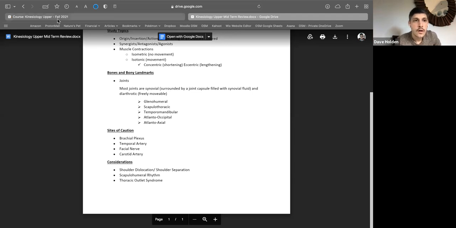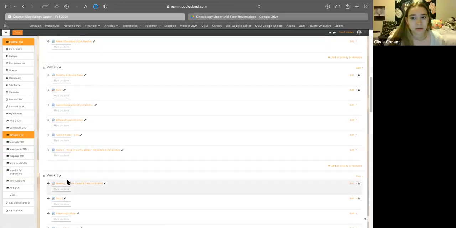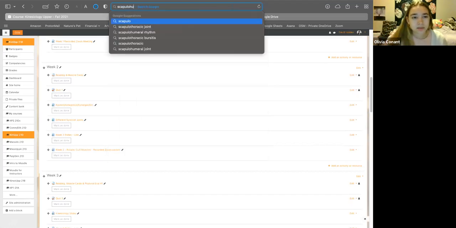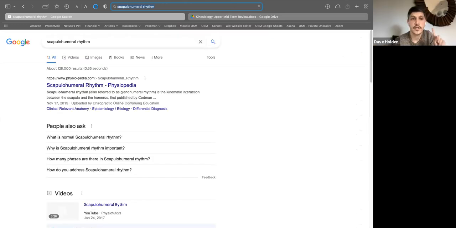So, describing 2 different movements, the movement of the humerus and the movement of the scapula independently. Scapulohumeral rhythm, also known as glenohumeral rhythm, is the kinematic interaction between the scapula and humerus.